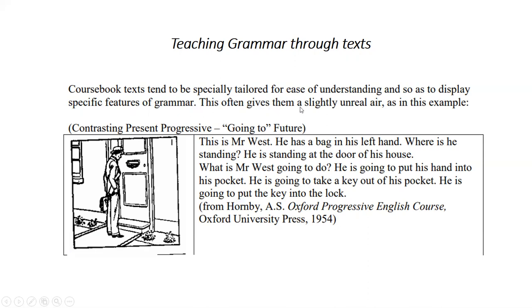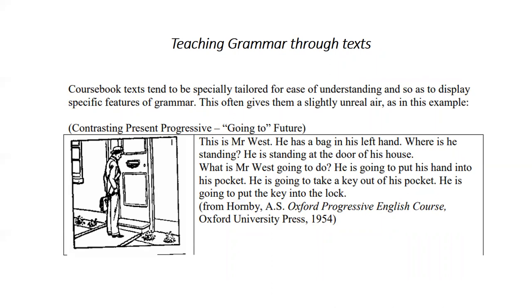This often gives them a slightly unreal air, as in this example. Okay, so simple kini siya everyone. Just use text to teach grammar like books. So, natay ginatawag na authentic text or classroom text, okay?